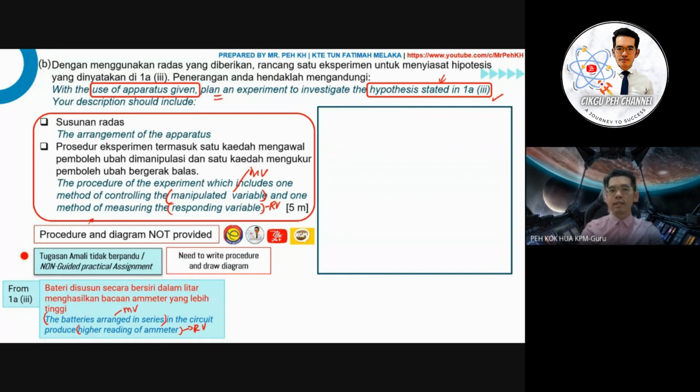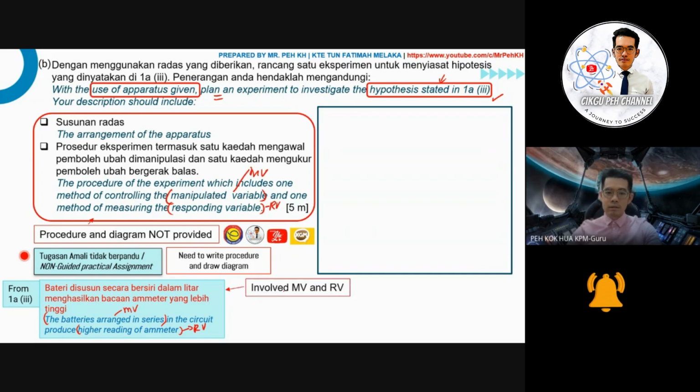So the ammeter reading can be indicated by observing the bulb, where the brightness of the bulb is directly proportional to the reading of the ammeter. That means if the bulb is brighter, it indicates that more current is flowing in the circuit. So from here, we need to plan the experiment without the ammeter, using the bulb instead.